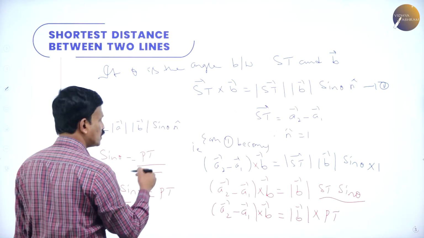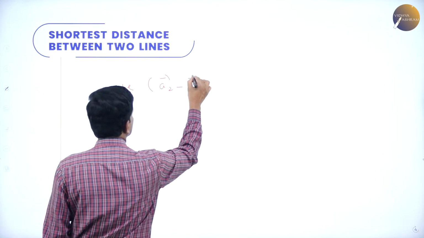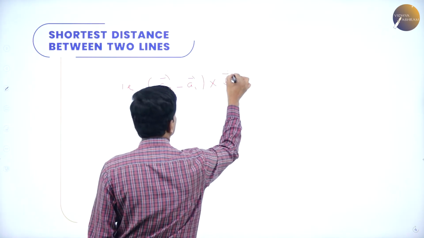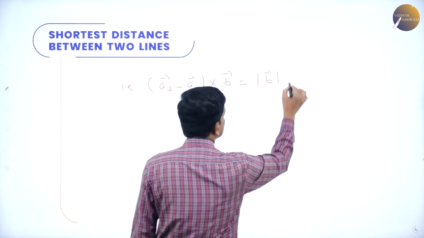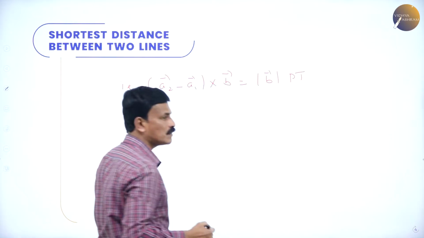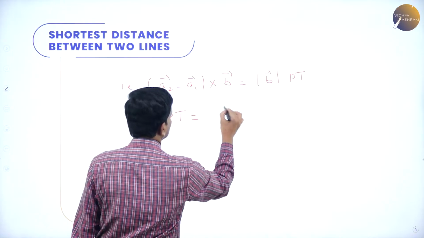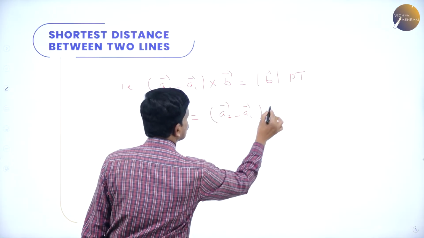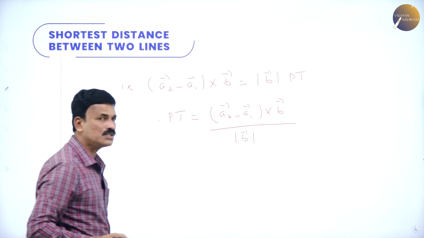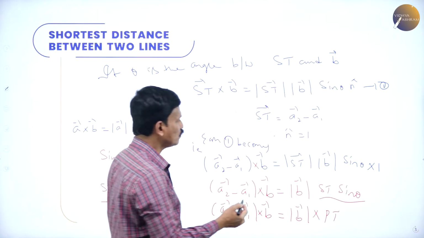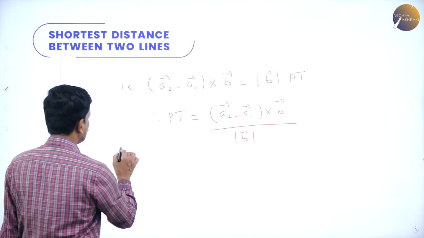So I'll go to the next page. Vector (a2 minus a1) cross vector b is equal to the length of vector b into pt. So this pt is the perpendicular distance, therefore pt is equal to the magnitude of (a2 minus a1) cross vector b divided by the length of b. So this pt is nothing but the length of the perpendicular.